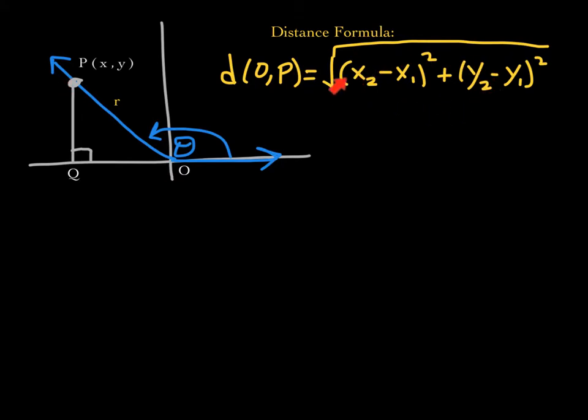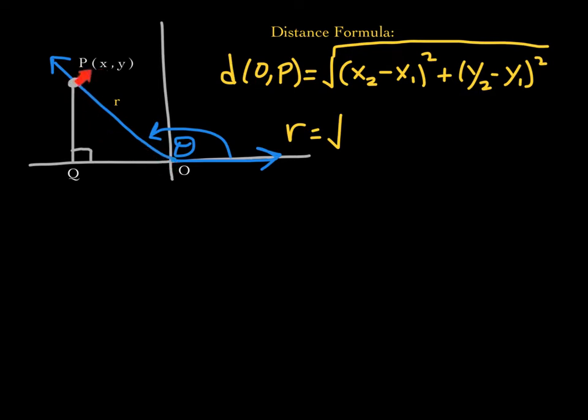This is the distance formula that you and I proved earlier. So the distance between O and P is exactly what we call r. All we have to do is find the difference between the x-coordinates. The x-coordinate here at P is x, and the x-coordinate here at the origin is 0.